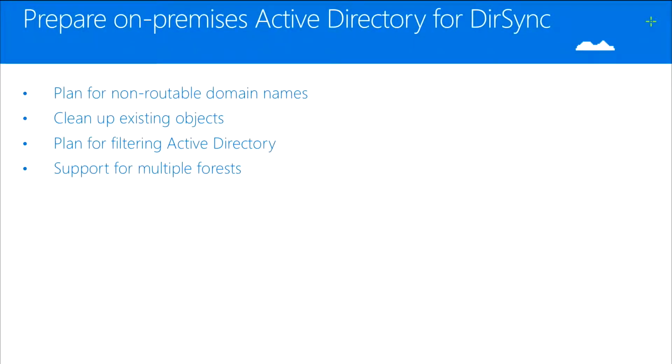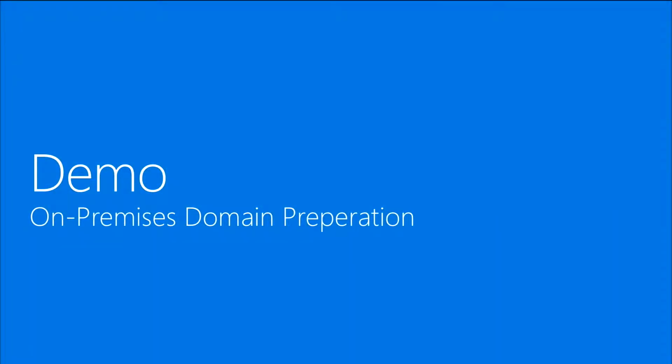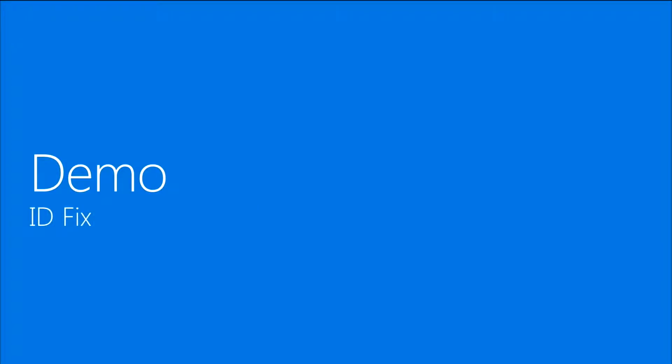So there are a few solutions that you can use. Key things first, before you use the sync tool, prepare that domain, clean up those user accounts, and remember, plan for that all-important UPN. On-premises domain preparation, again, one of the tools that you can use is a tool called IdFix.